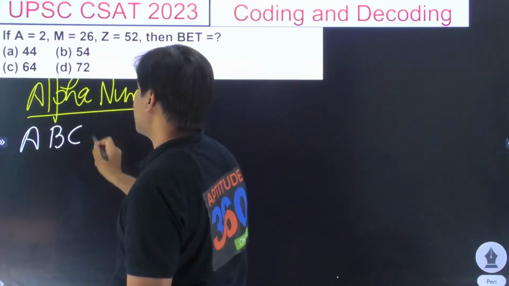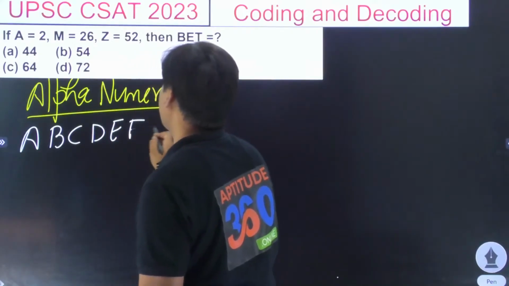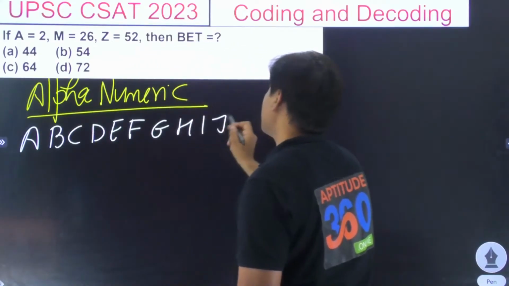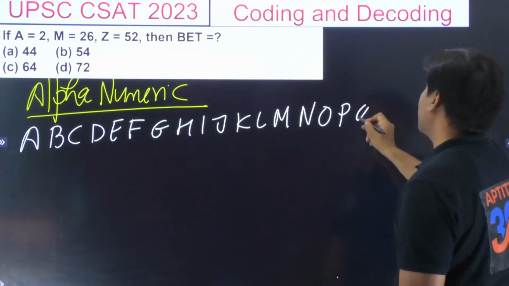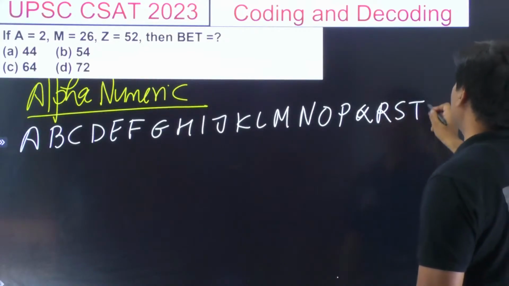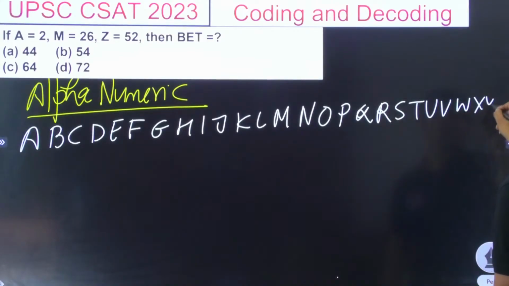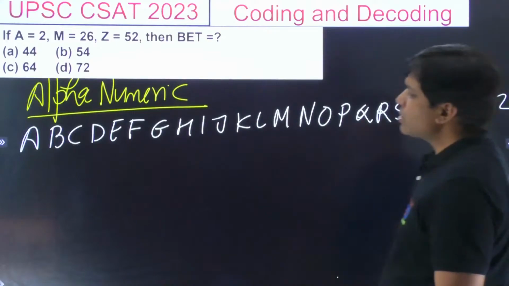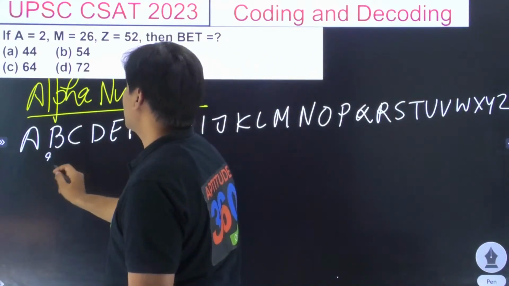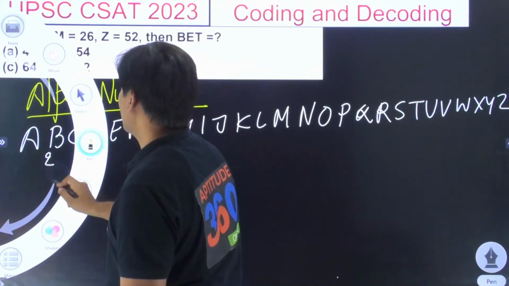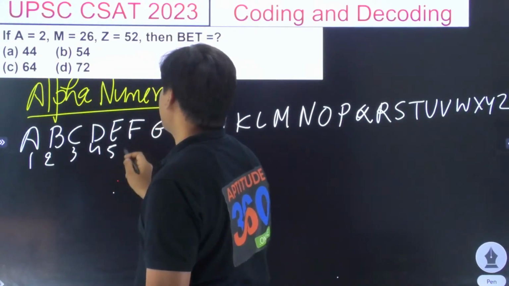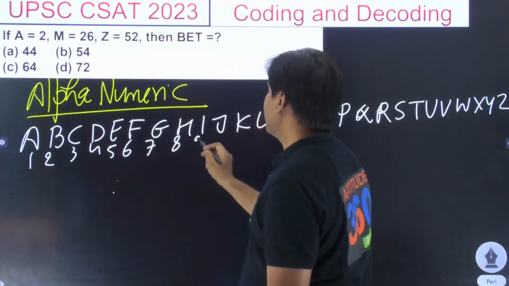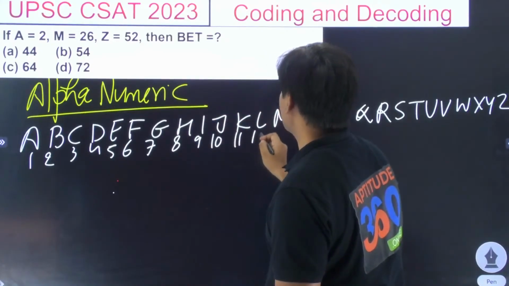A, B, C, D, E, F, G, H, I, J, K, L, M, N, O, P, Q, R, S, T, U, V, W, X, Y, and Z. So there is a possibility that you give 1 and then 2. अब वापस जाओ भाई. You go back. 1, 2, 3, 4, 5, 6, 7, 8, 9, 10, 11, 12, 13.